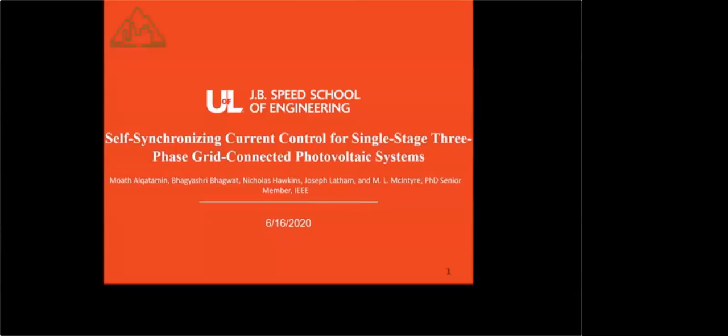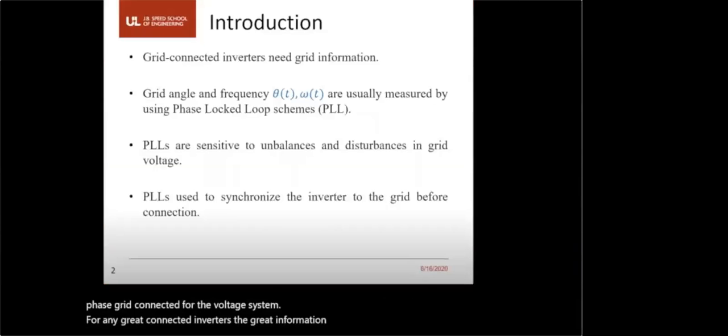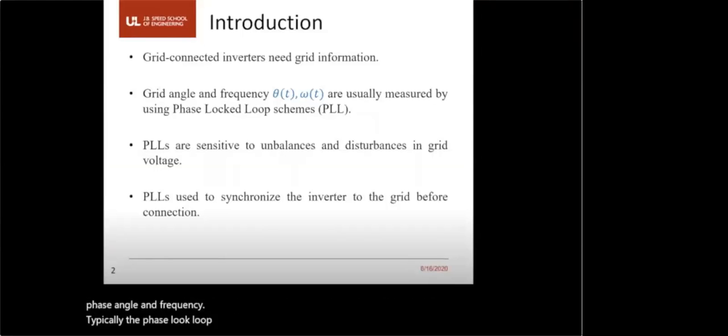Hello. Our paper is about self-synchronizing current control for a single-stage three-phase grid-connected photovoltaic system. For any grid-connected inverters, the grid information is needed, such as the grid angle, phase angle, and frequency. Typically, phase-locked loop schemes, PLLs, are used to measure the grid angle and the frequency.